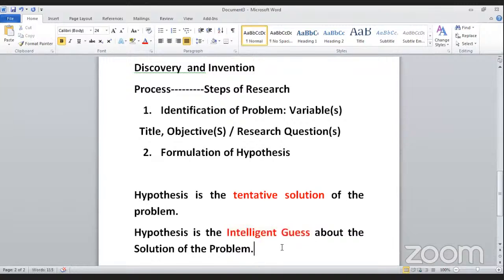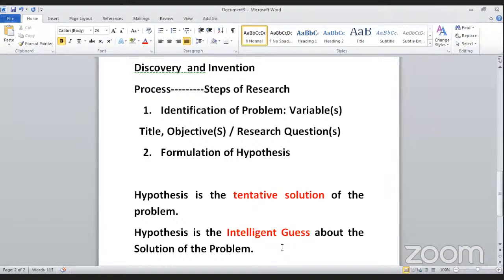Now, what is the difference between guess and intelligent guess? I'm sure when you were students, during annual examination time, some of you might be referring to the question papers of the last 2 years, or last 4 or 5 years. Why were you referring to the past question papers?